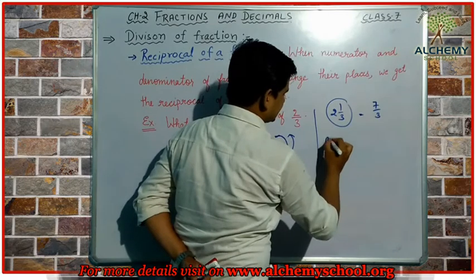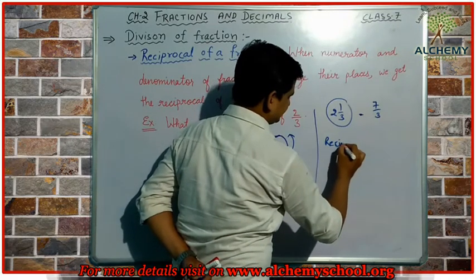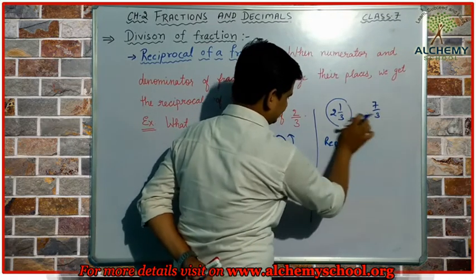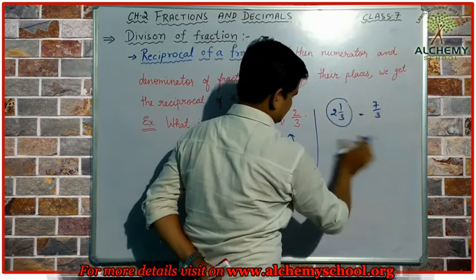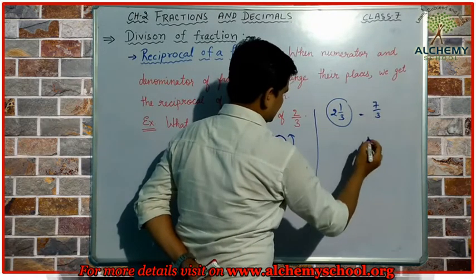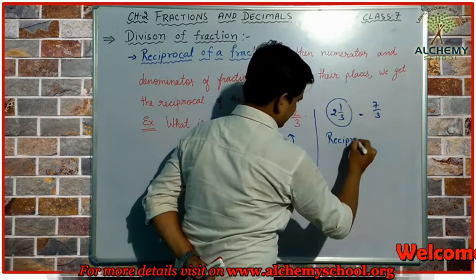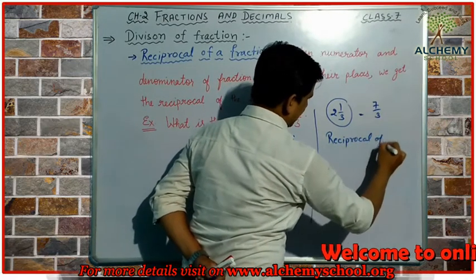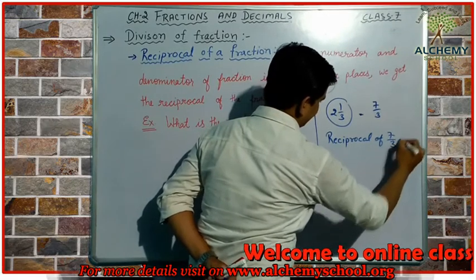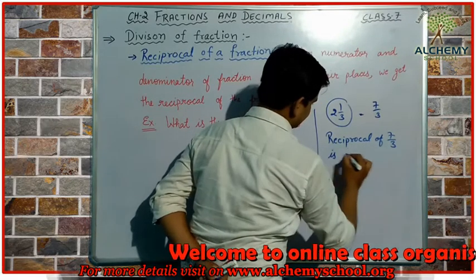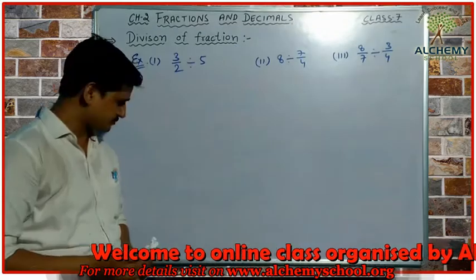Now we can write, the reciprocal of 7 upon 3 is 3 upon 7.